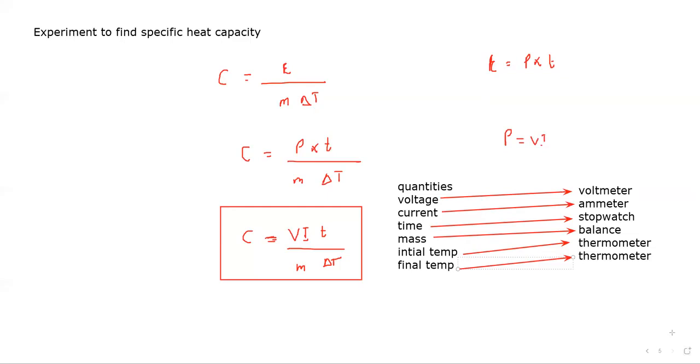If it is a solid, you will measure the mass of the solid and connect a heater, measure the voltage, current, and how much time you switch on the heater, and delta T is the change in temperature. Before the heat is supplied, you measure the initial temperature, and after some time, like 5 minutes or 3 minutes, you measure its final temperature and use the formula to calculate the specific heat capacity.